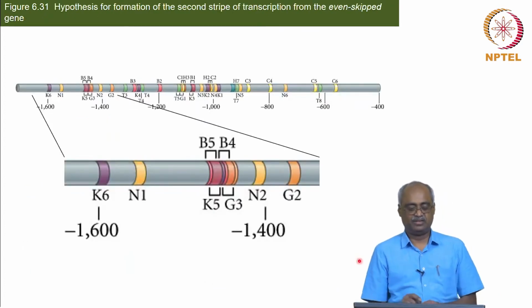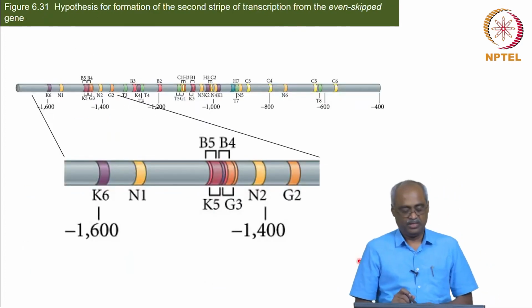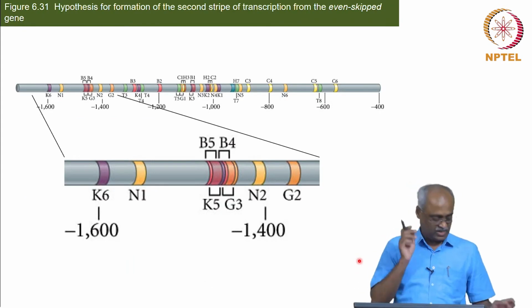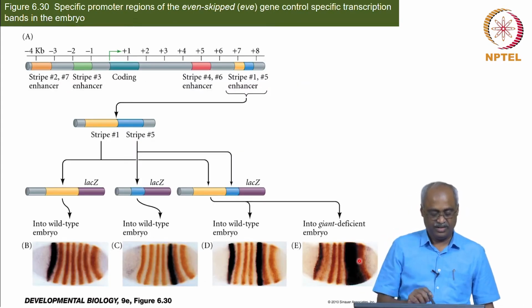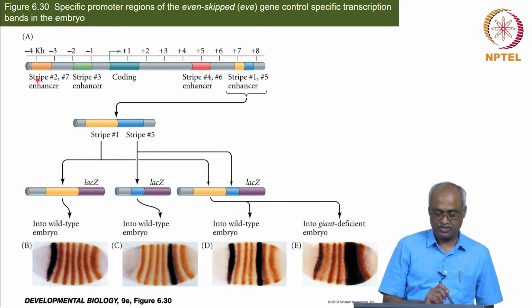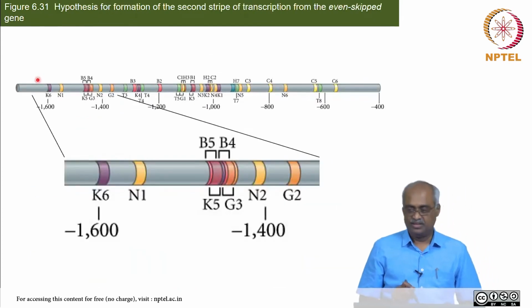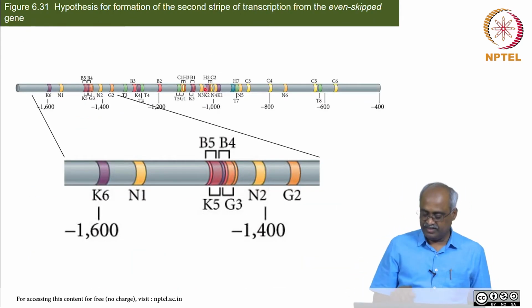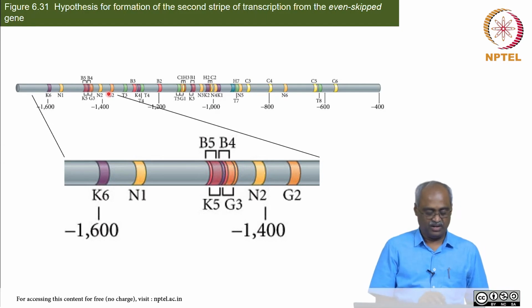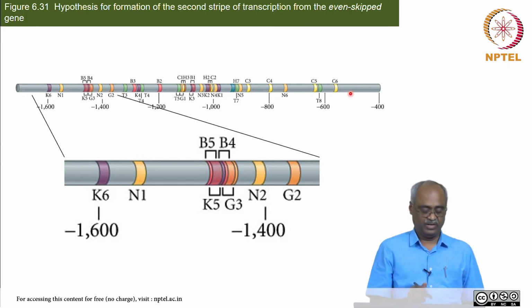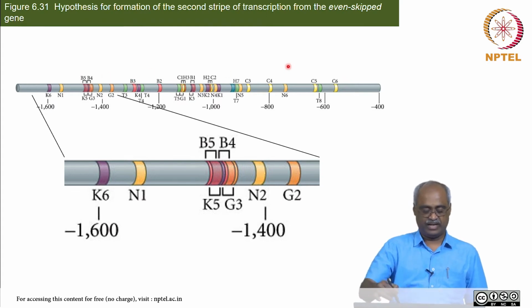So, this is a closer look at the second stripe alone, like we are taking this portion and looking at close. So, these bands in this horizontal bar represent the enhancers where the different proteins bind. So, if you look at the top ones, which are the activators, bicoid and caudal. Okay. And you have hunchback as well.